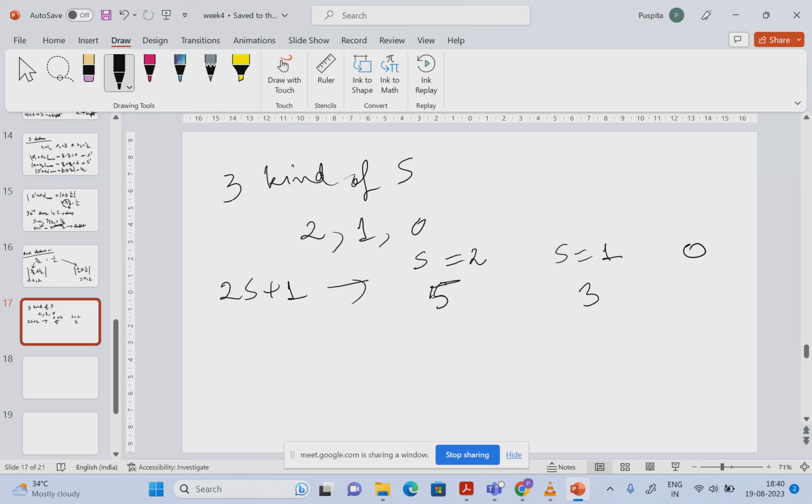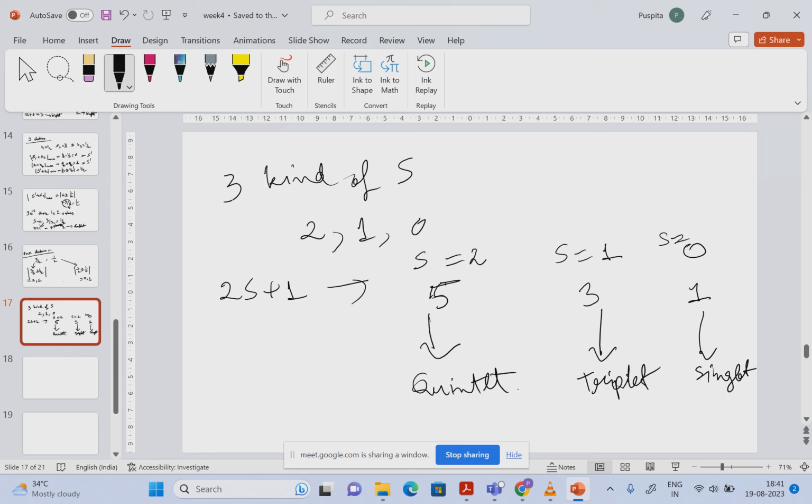And when S is equal to 0, it is 1. So this is called quintet, this is called triplet, and this is called singlet. So that's how we add S.